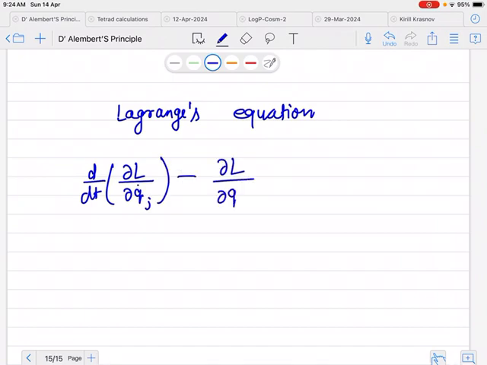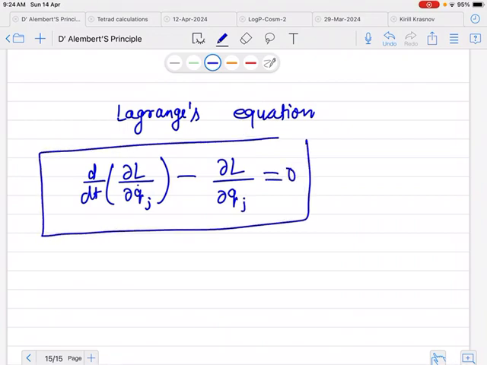You will solve all the problems with the help of this Lagrangian equation of motion. It is 1.57. We will study more about it in the next videos, and there are several other videos available in this channel with very good examples of the Lagrangian equation of motion.